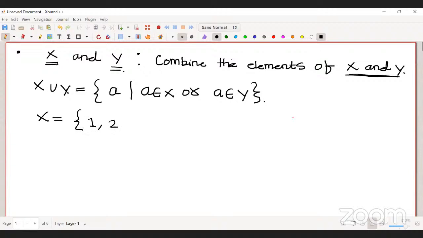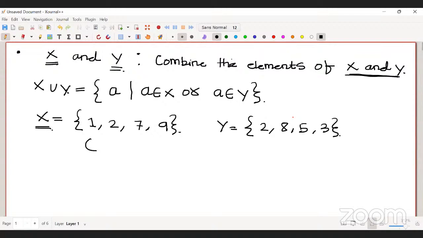For example, let's take X to be the set 1, 2, 7, 9, and Y is 2, 8, 5, 3. What is the cardinality of X? 4.